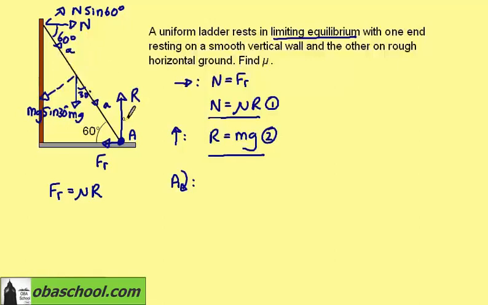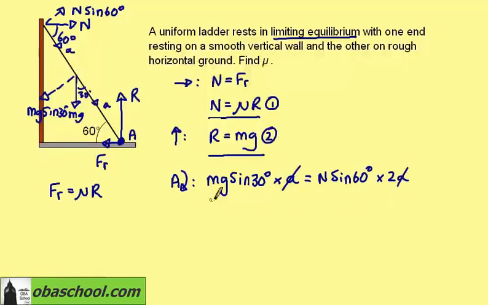Then the turning effect of the weight will be mg sine 30, the component perpendicular to the ladder, multiplied by the distance from A. For this force here, the turning effect will be equal to N times the sine of 60 degrees, multiplied by its distance from the ladder.